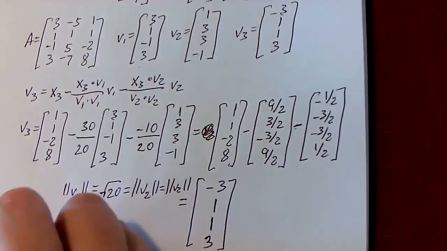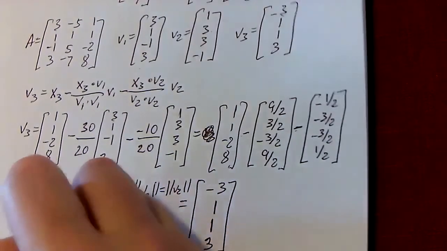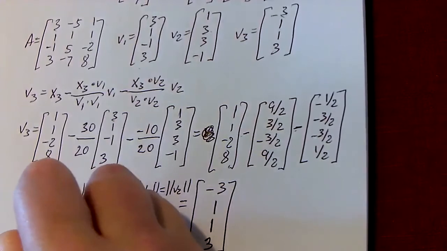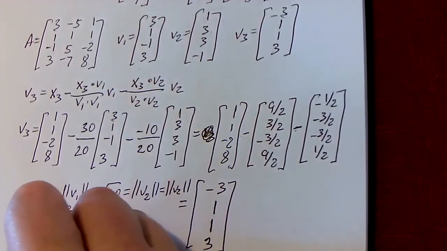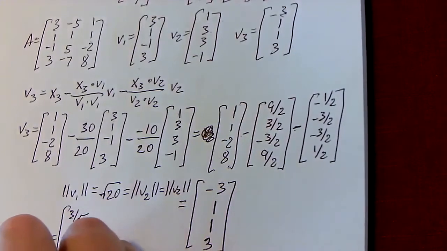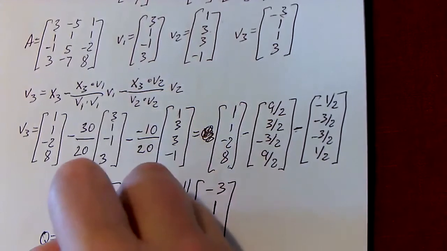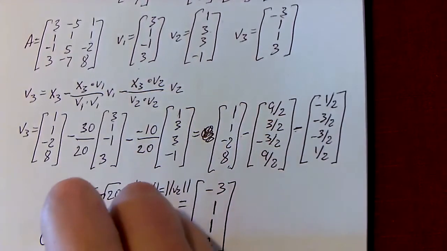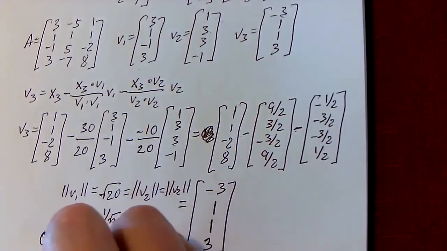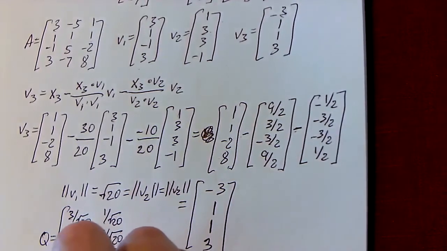And I could find the matrix Q then. The matrix Q would be 3 divided by the square root of 20, 1 divided by the square root of 20, negative 1 divided by the square root of 20, 3 divided by the square root of 20. Second column, 1 divided by the square root of 20, 3 divided by the square root of 20, 3 divided by the square root of 20, negative 1 divided by the square root of 20.